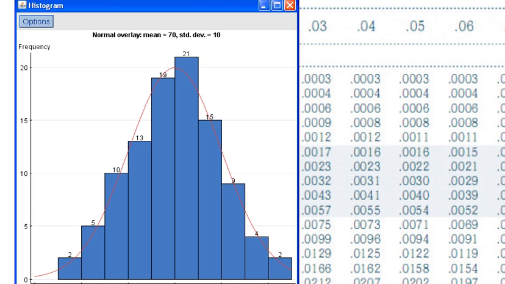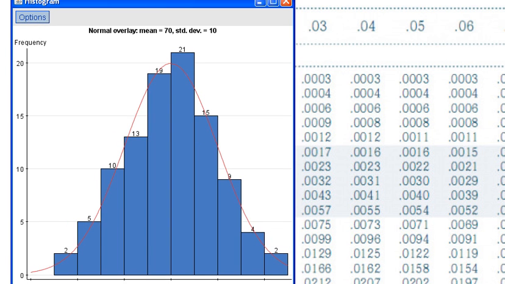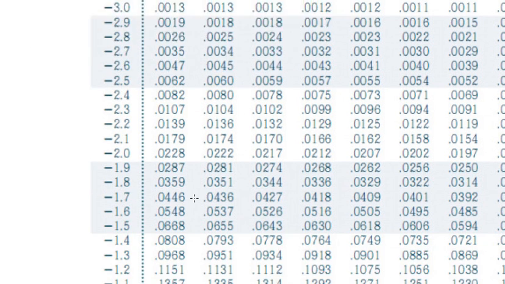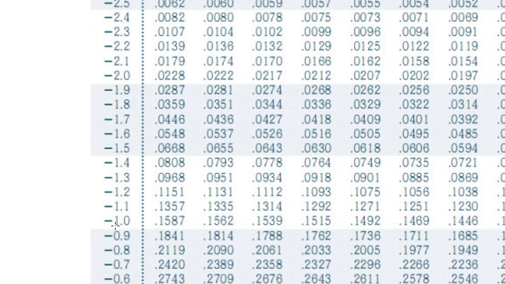So let's say we have a histogram that's normally distributed, and we want to know the area below 60. Well, 60 is one standard deviation below the mean, so my z-score would be -1. I would go to my table and look up -1.